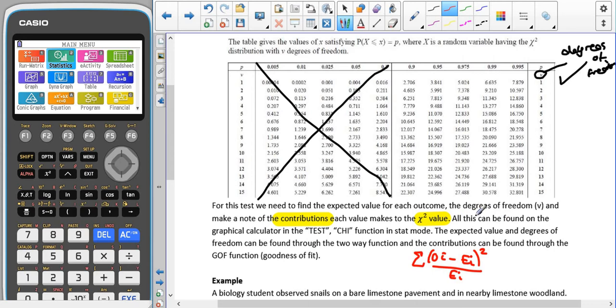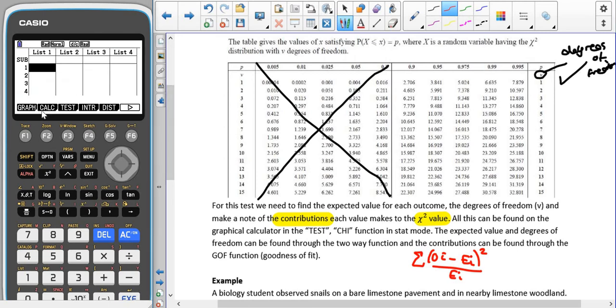So because we're using the graphical calculator, all of this can be found in the statistics part of our calculator. And we're going to be using test. So it's a new part of the calculator that we haven't used before. Test, chi. And to start off with, we're going to be looking at two-way.